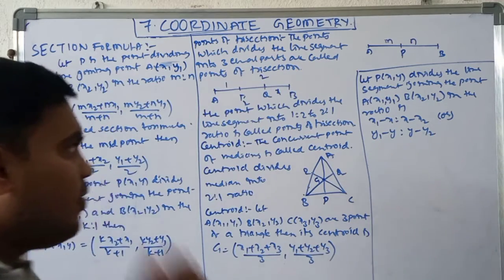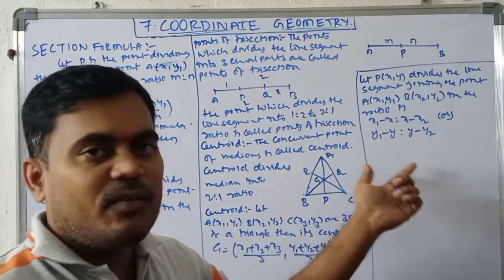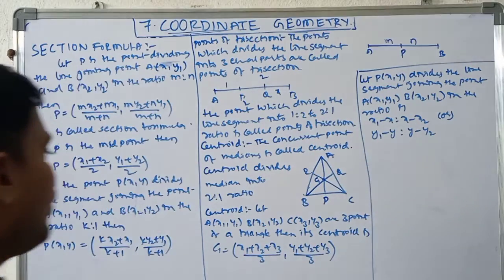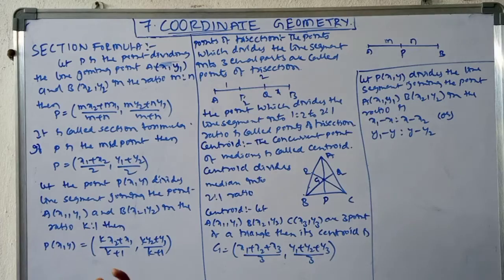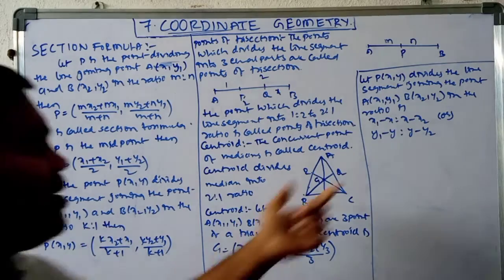So this is the formula. If we apply this formula, we can easily find the ratio. Of course, we may substitute in this also; we can get the k value. It is the same as this one.